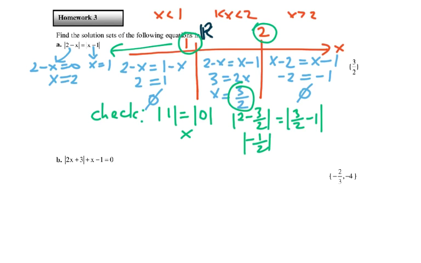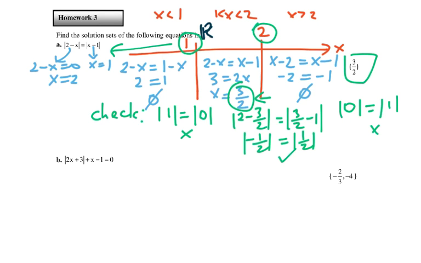Is the absolute value of minus a half equal to a half? Yeah, that's true. And then finally, we should check 2. So 2 minus 2, that's an easy one, that's just 0. Is the absolute value of 0 equal to 2 minus 1? No. So we have one possible solution, which was 3 over 2, and we write our solution set like this.